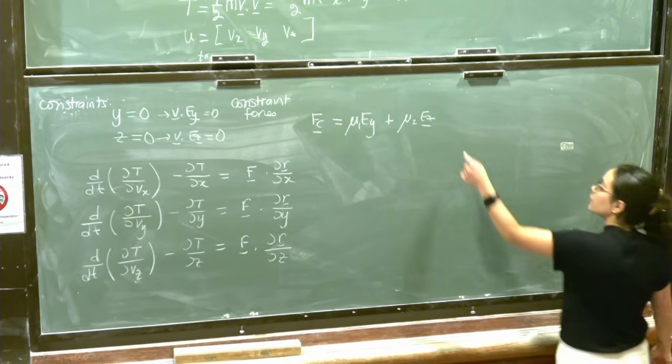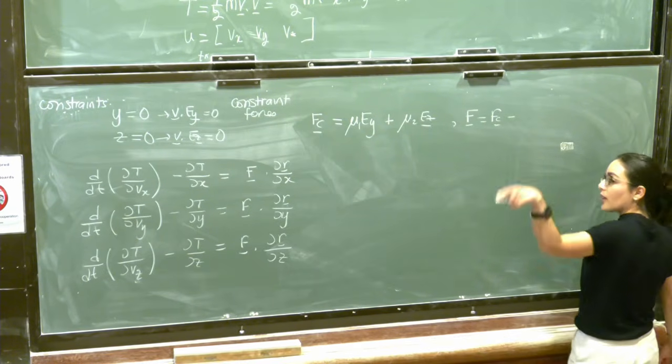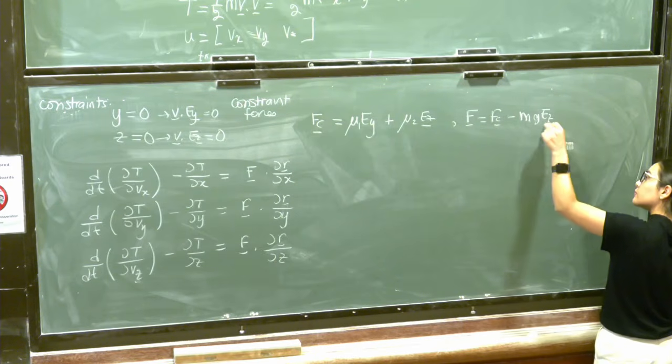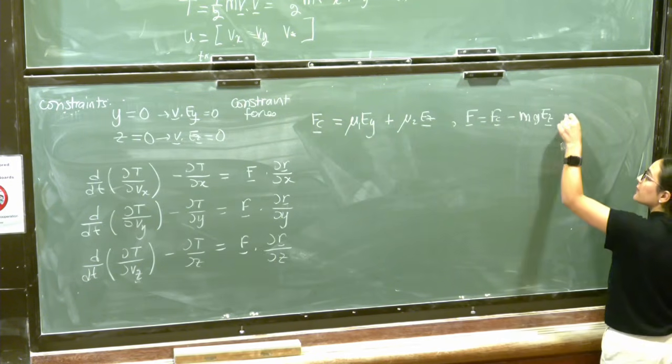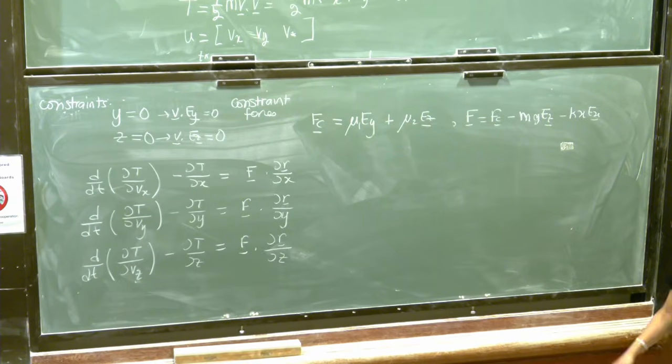So F is actually Fc plus the applied forces, which are the weight and the spring force, minus Kx ex. Now, you might tell me that the whole point of Lagrange's equations of motion is not to use free body diagrams, not to think of the directions of forces and so on, not to use geometry.